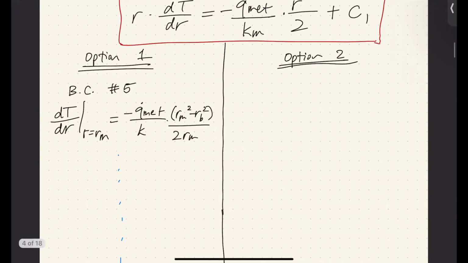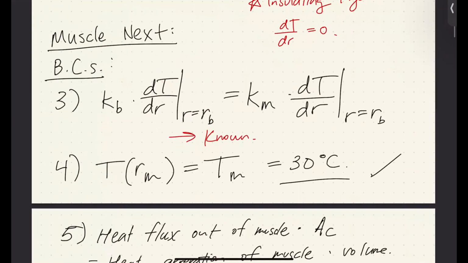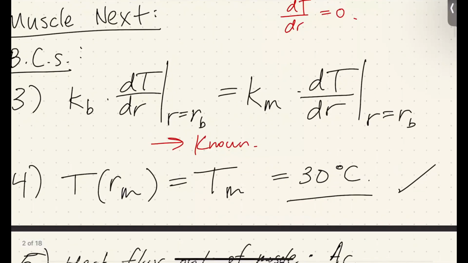Or option 2, you can use boundary condition number 3, okay? Let's scroll up, look at boundary condition number 3. It's the interface boundary condition, right? And we know by this interface boundary condition that if the k's are different, the only thing that can be the same is for the slopes to be equal, which is 0. The slope at this interface equals 0.